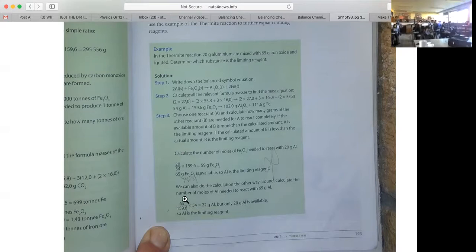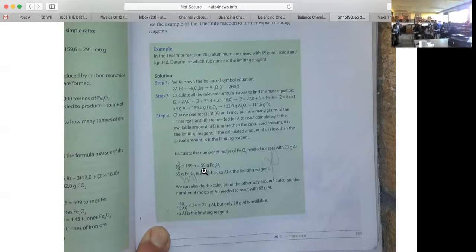And that's what they've done on this page here. You see what they did? They took the 20 grams of aluminium that you were given over the 54 grams, which is the molar mass. They multiplied it by that other reagent, which is exactly what they did.